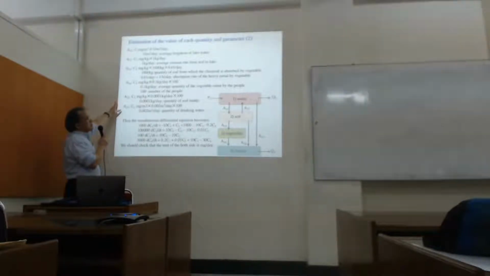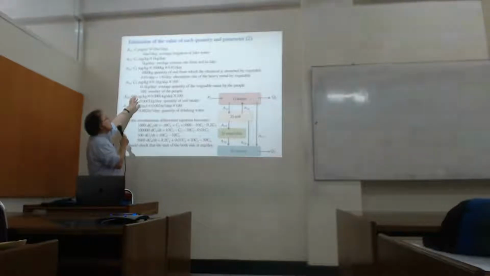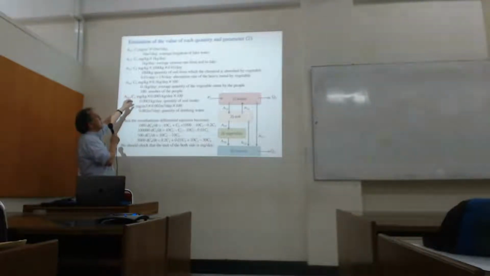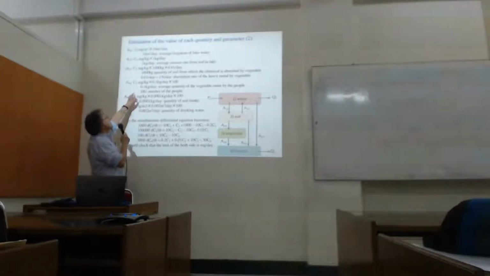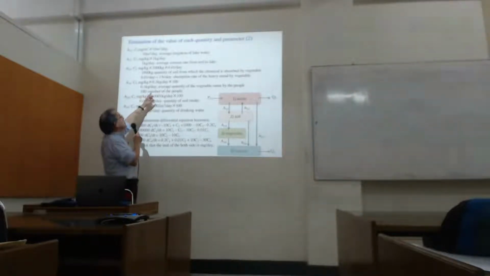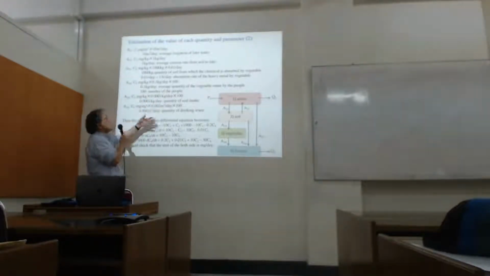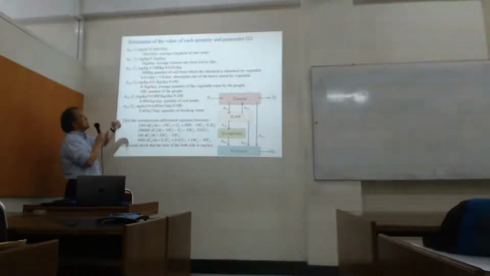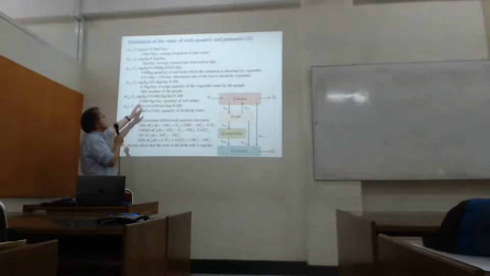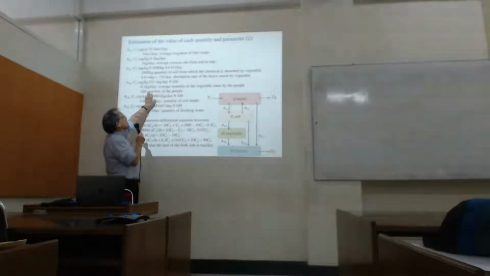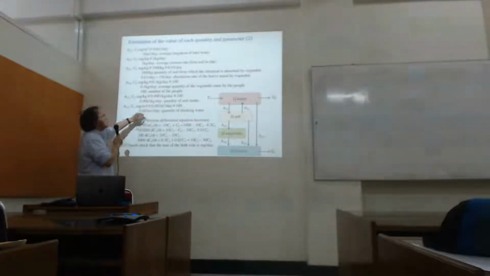And A34 is from vegetables to human beings. It is easy. You can estimate it from the total amount of vegetables eaten by people. C3 is the concentration of the metals in vegetables. 0.1 kilogram per day is what one person eats, and 100 is the number of people living there.